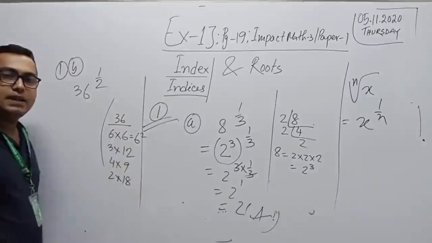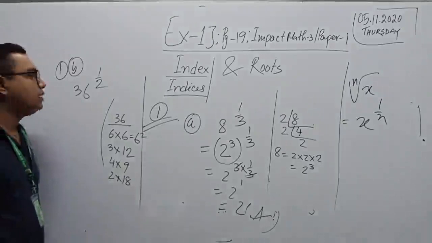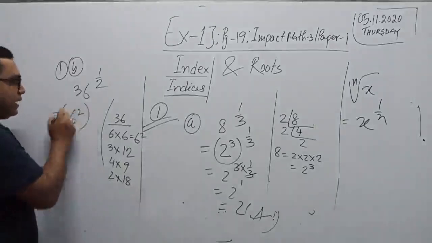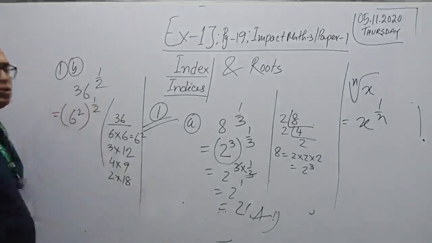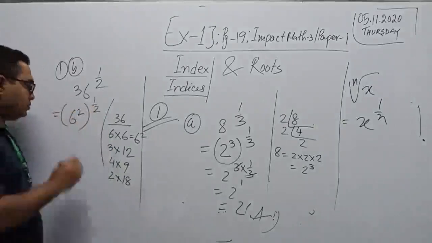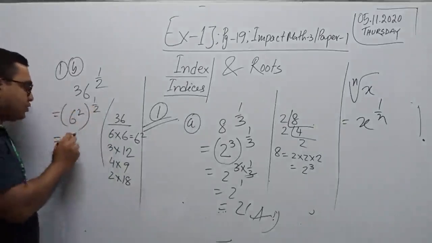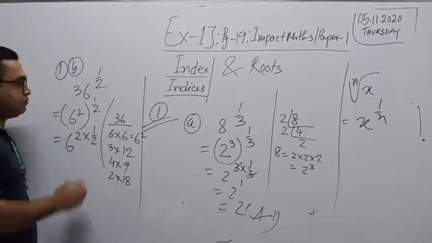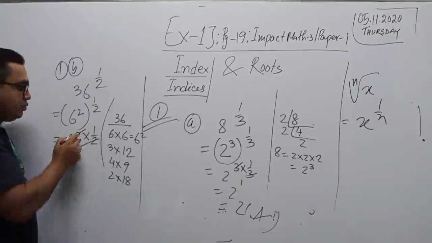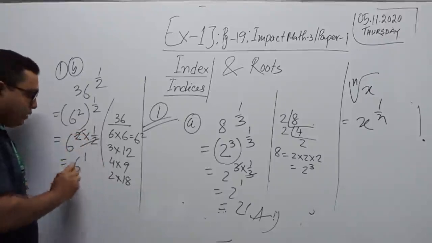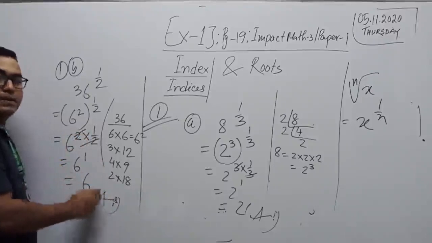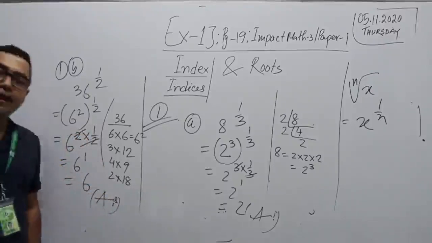We can write 6 squared. So if we write here 6 squared to the power of 1 by 2. Now 6 to the power 2 multiplied by 1 by 2. Then the 2s cancel, 6 to the power of 1, that is 6. Clear?